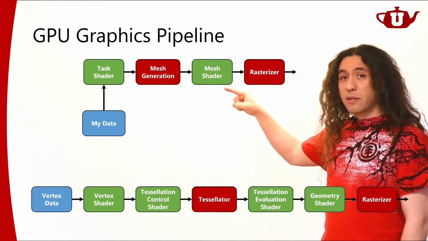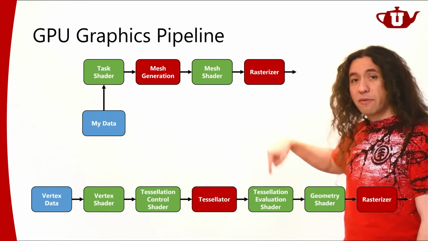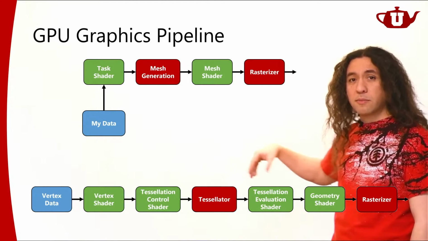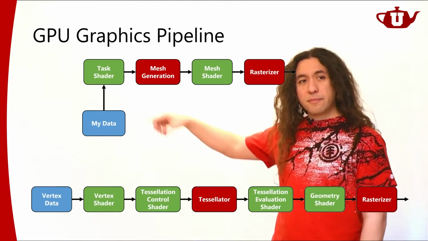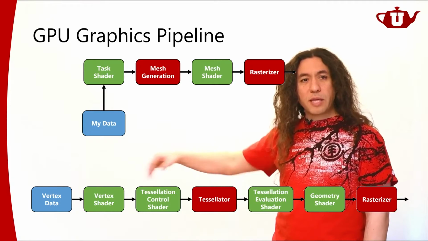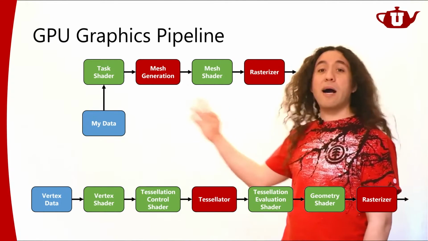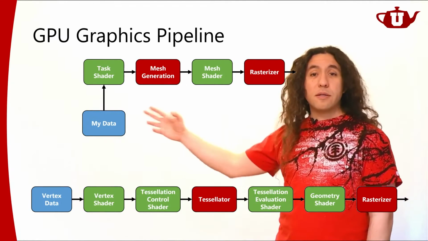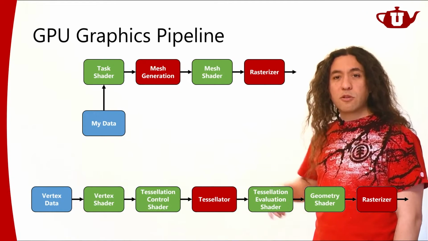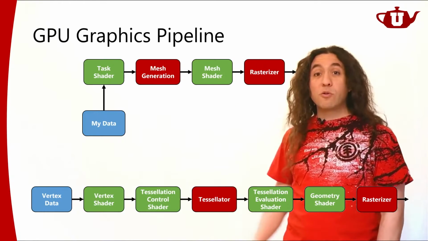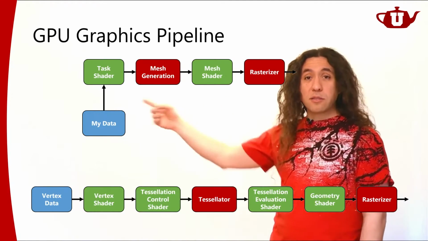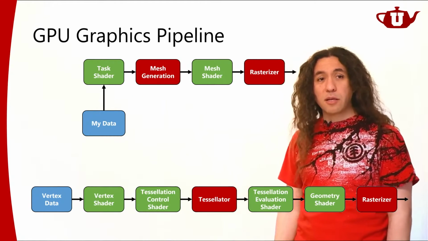So this is going to run at the parallelism level of this stuff, where I have a lot more data and a lot more parallelism. And this is going to run at a relatively lower resolution level than what I will be using over here. So this allows me to replicate the same behavior that I would get with the traditional graphics pipeline, but using these completely flexible compute shader-like shaders, task shaders and mesh shaders.